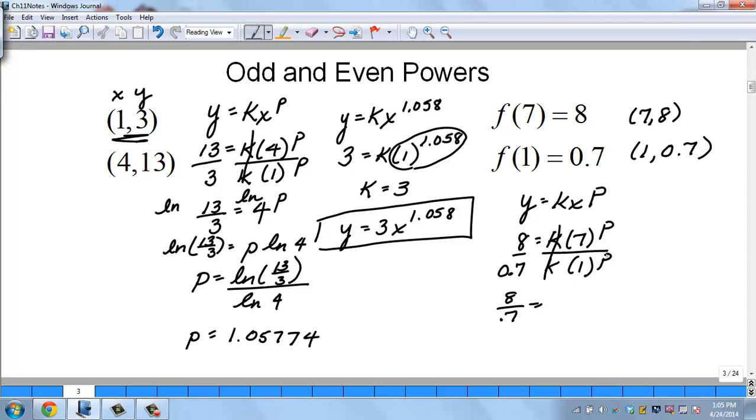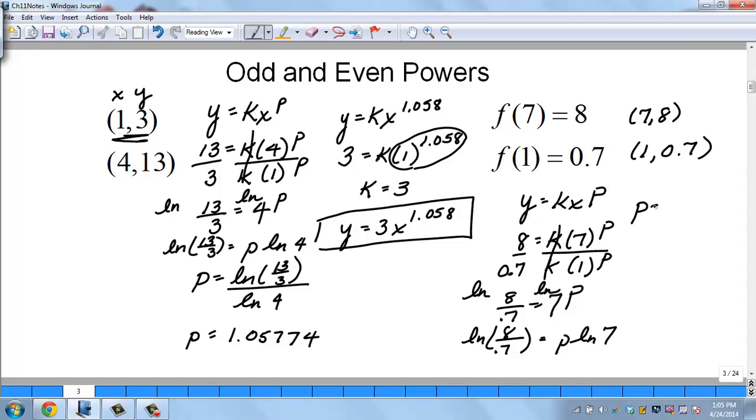Equals, now if different bases are raised to the same power, I can just combine these. Well, 7 divided by 1 is 7, raised to a power is 8 divided by 0.7. Now I want to figure out what the power is, so I'm going to natural log both sides. And when I do, I have the natural log of 8 over 0.7 equals p natural log of 7. And these are hooked by multiplication, so I'm going to divide by natural log of 7.